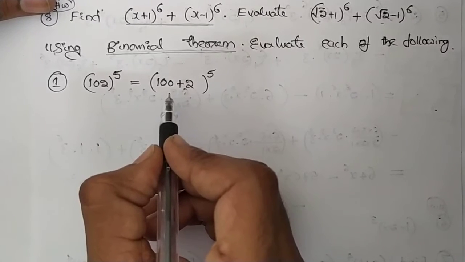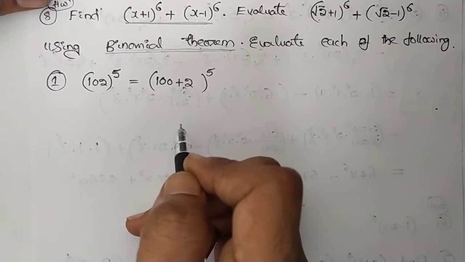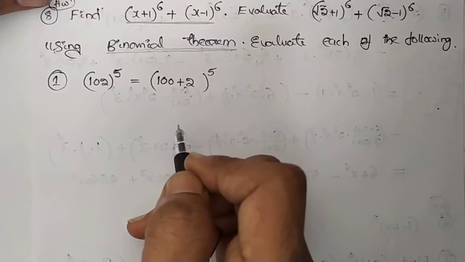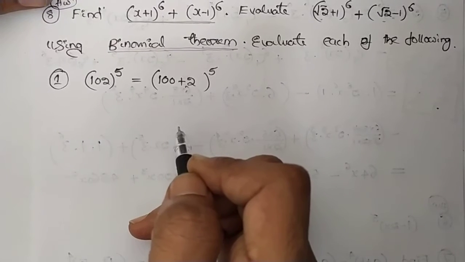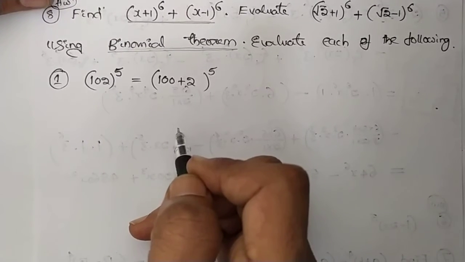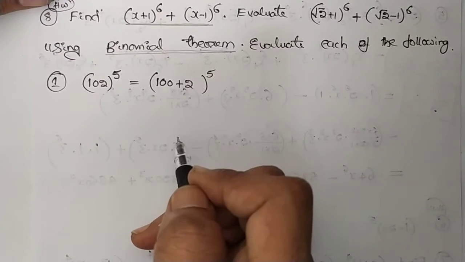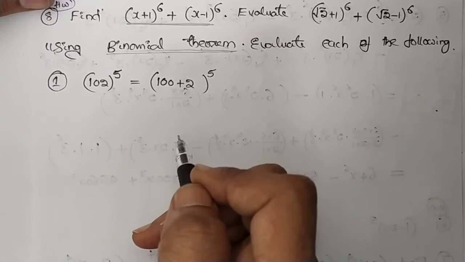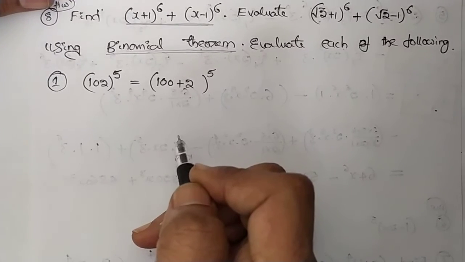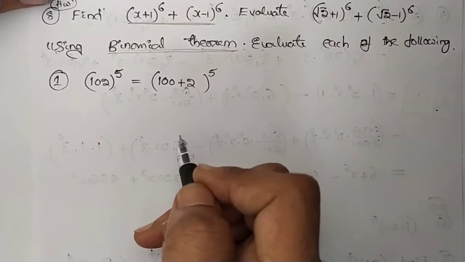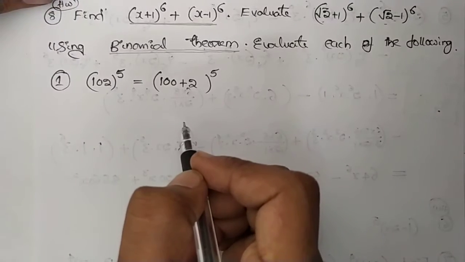Instead of 100, suppose we have 97, 96, 95, 92, 91, you just imagine those numbers in your mind. Is it easy to simplify 99 whole power 5? Is it easy to simplify 92 whole power 5? No, it is very difficult.